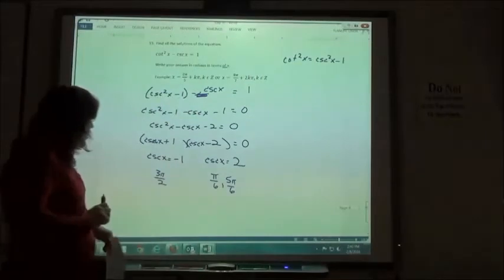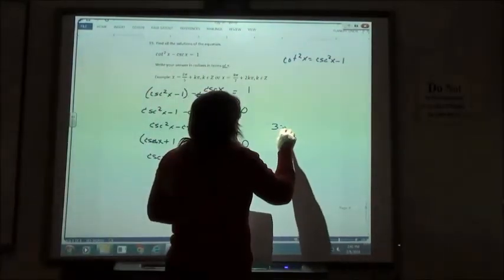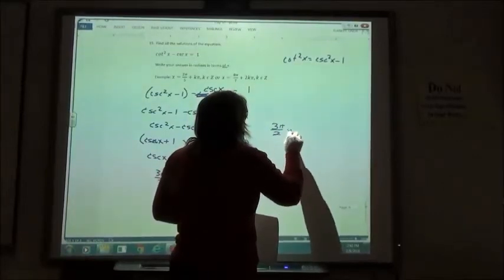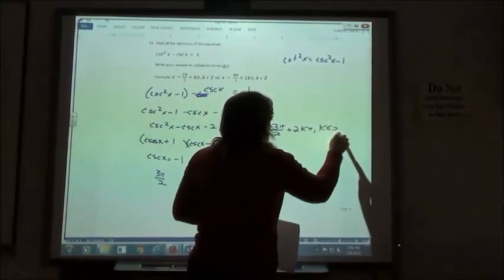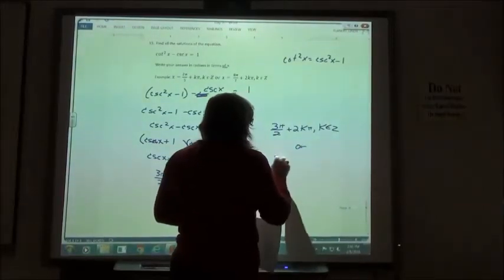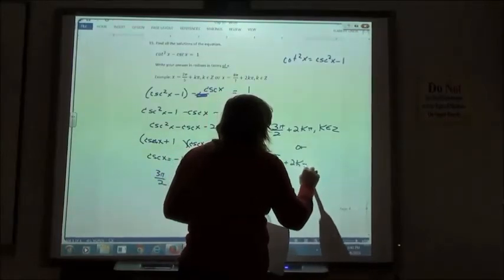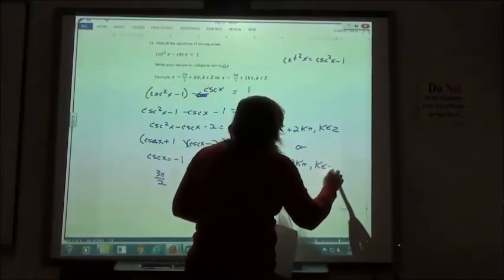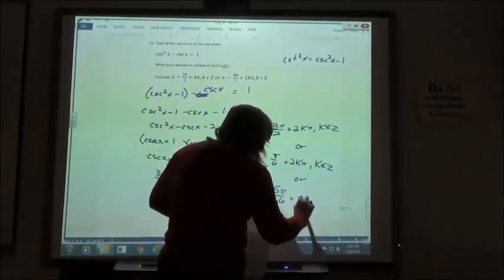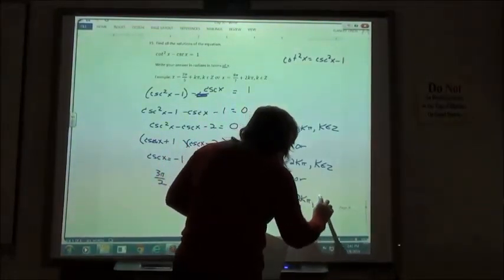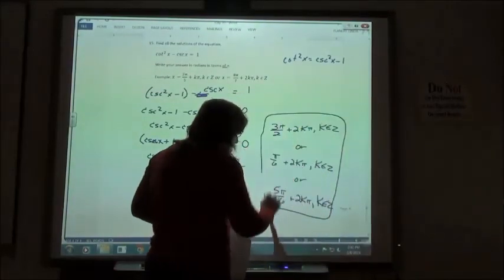And again, those aren't 180 degrees apart. So I'm going to have 3 pi over 2 plus 2k pi, with k being an element of z, or I'm going to have pi over 6 plus 2k pi, with k being an element of z, or I'm going to have 5 pi over 6 plus 2k pi, with k being an element of z. And those would go in for my answer.